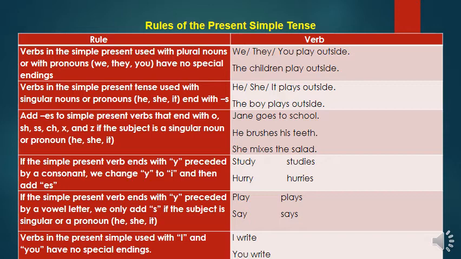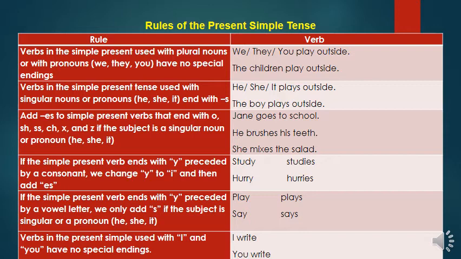You write, you like, you watch, you play, you do, you take, you make. So when the simple present verb is used with I and you, we do not add anything to the verb. Okay, so verbs with I and you have no special endings. It means I cannot say I writes or you plays. This is wrong.